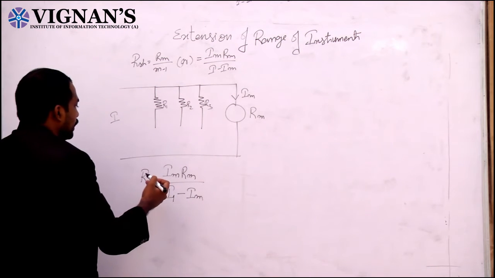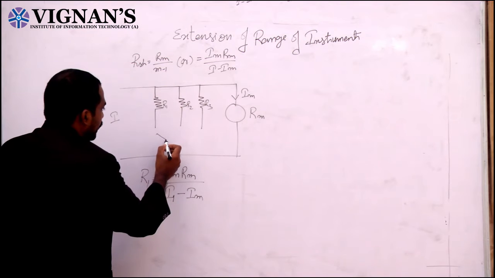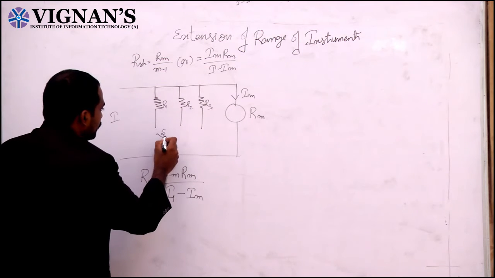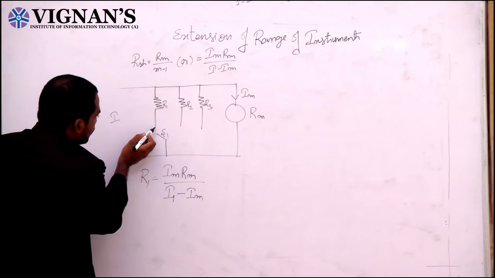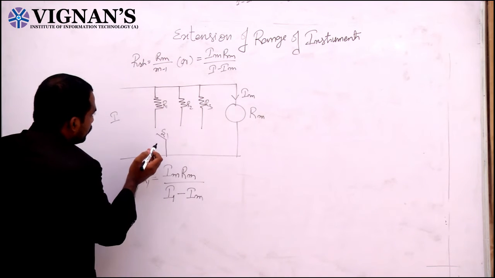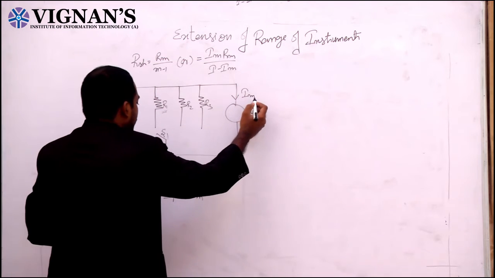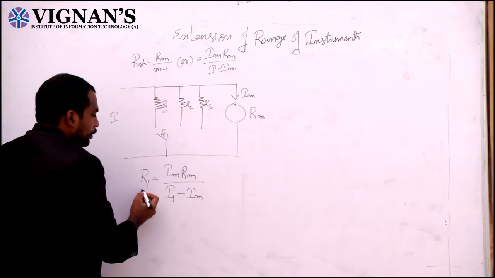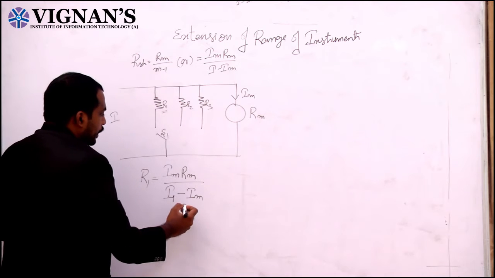But in this case we are having a resistance R1 which is placed in parallel with the help of a bypass switch S1. So when S1 is connected to R1, then the resistance which is placed in parallel with your meter is equal to R1, where R1 is equal to Im into Rm by I1 minus Im.